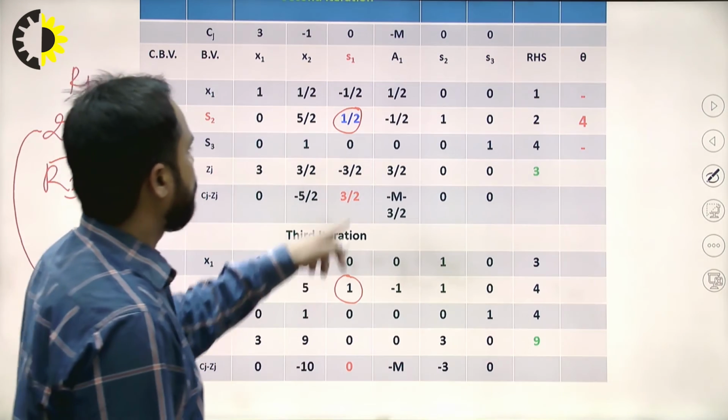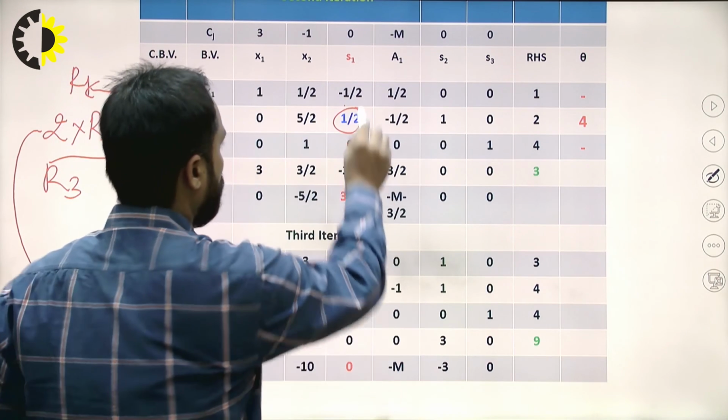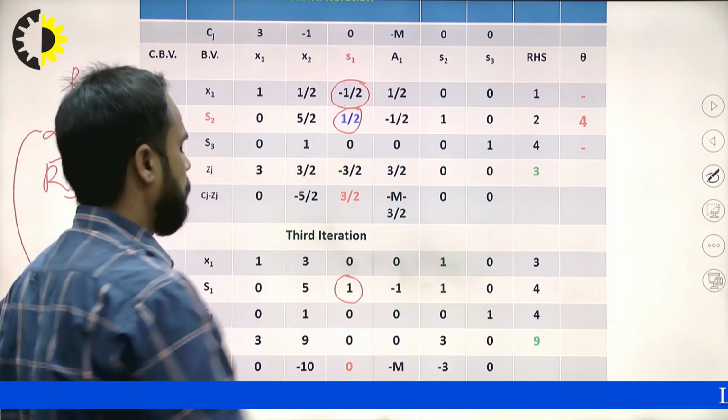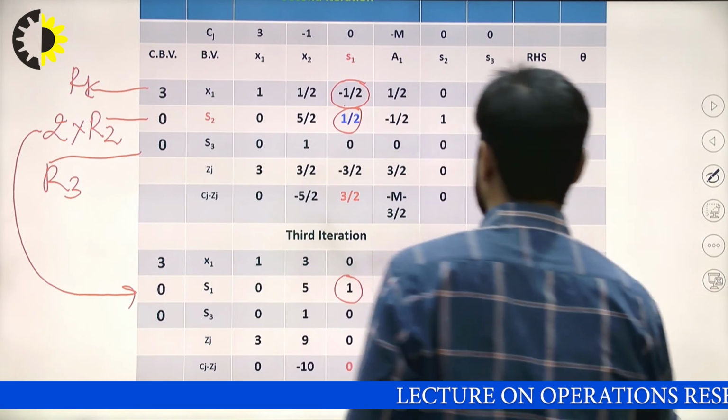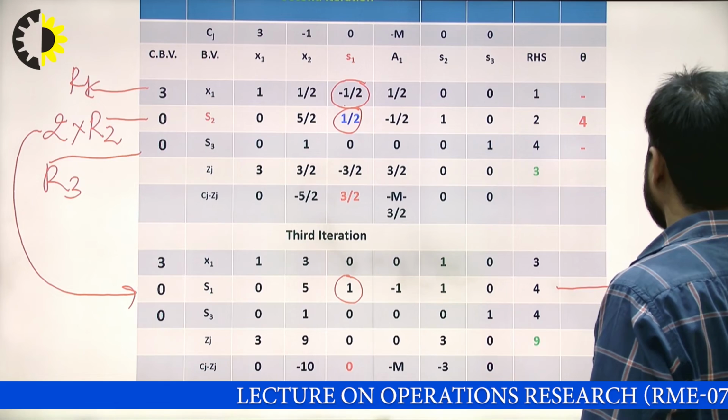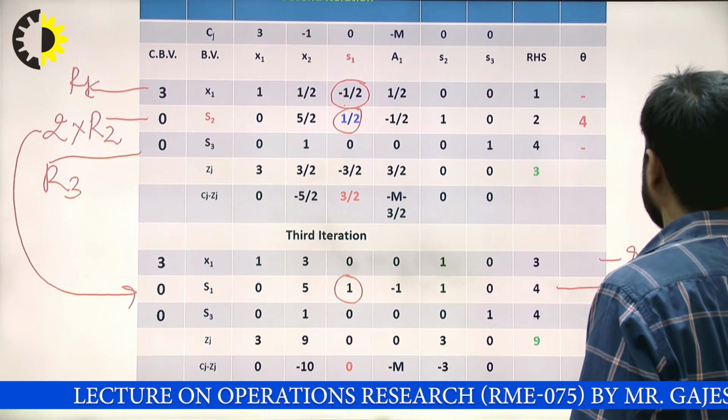Now we have to make this value 0 in the next iteration. How will we obtain it? We have to apply an operation from R1. Suppose this is small r1, this is small r2, and this is small r3.